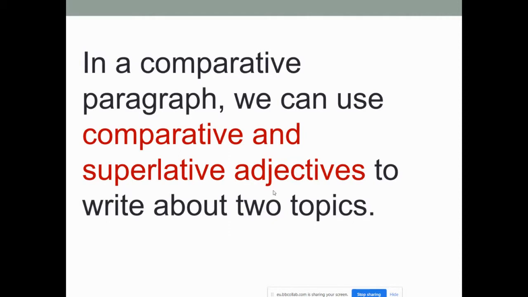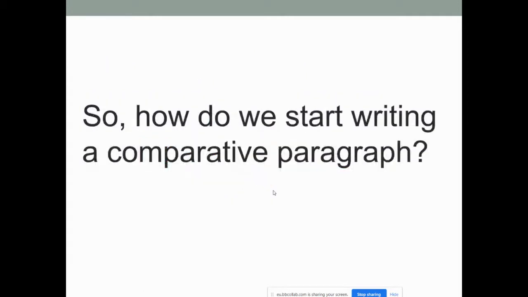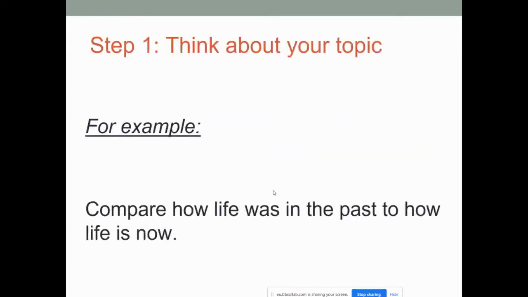As I mentioned, in a comparative paragraph, we can use comparative and superlative adjectives to write about two topics. So how do we start writing a comparative paragraph? Let's go ahead. First of all, think about a topic. In your assignment, I have given you already 4 topics, so you can choose one.